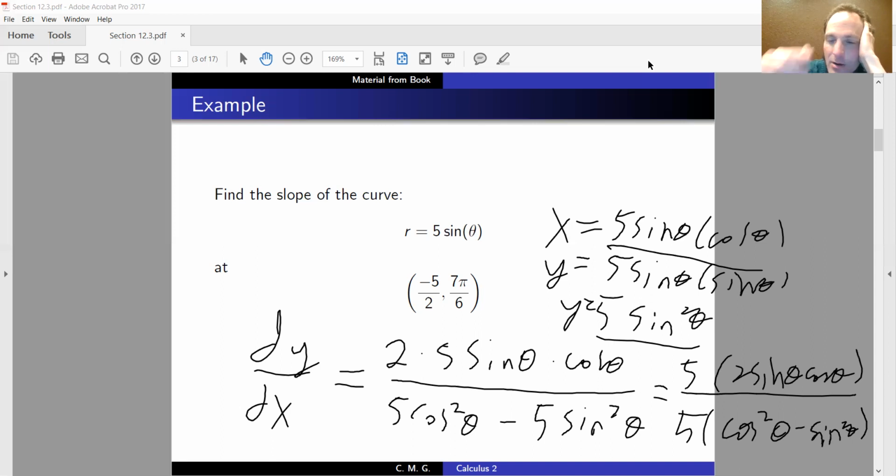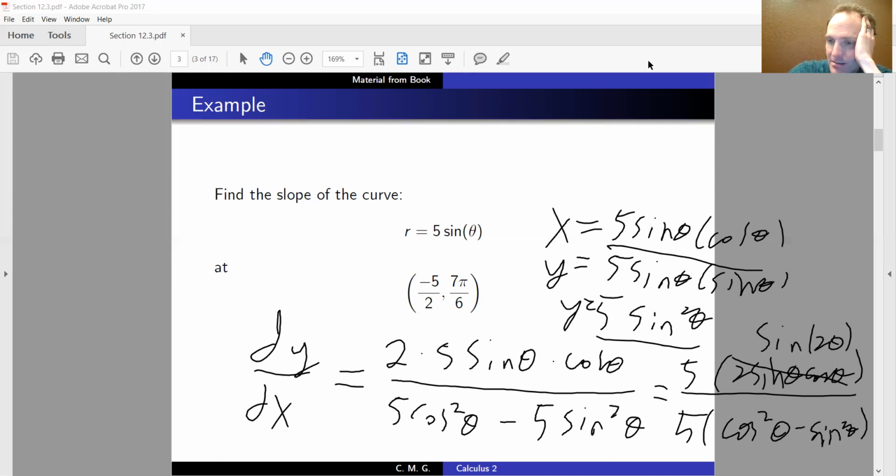All right, now I have to go back to trigonometry a little bit. I could plug in my 7 pi over 6, and that's fine. It's a little tricky though, because 7 pi over 6 is not one of the nicer angles. It's not going to be 1 or even root 2 over 2, it's going to be a little worse than that. So instead of trying to figure out exactly what I needed, I'm going to simplify things a little bit. 2 sine theta cosine theta is the same as sine of 2 theta.